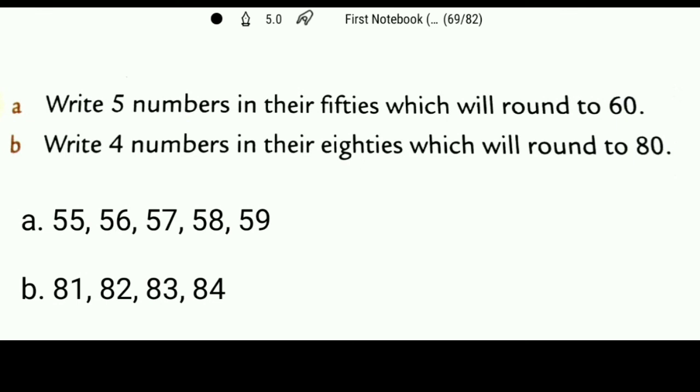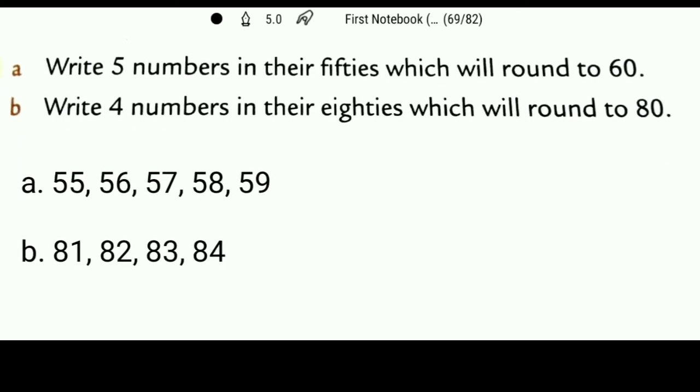These are the 5 numbers which will round to 60. Next, write 4 numbers in the 80s which will round to 80. It means now we have to write the numbers in the 80s. So here 81, 82, 83, 84.